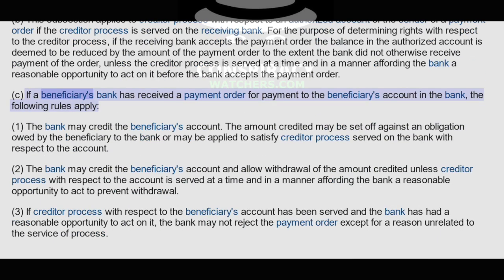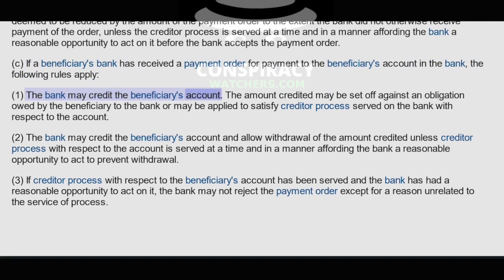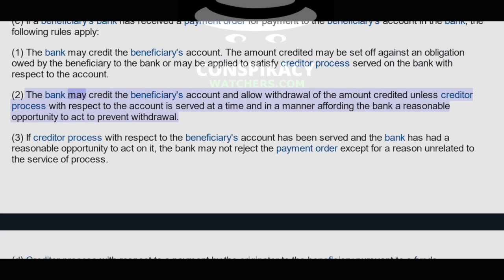If a beneficiary's bank has received a payment order for payment to the beneficiary's account in the bank, the following rules apply. The bank may credit the beneficiary's account. The amount credited may be set off against an obligation owed by the beneficiary to the bank or may be applied to satisfy creditor process served on the bank with respect to the account. The bank may credit the beneficiary's account and allow withdrawal of the amount credited unless creditor process with respect to the account is served at a time and in a manner affording the bank a reasonable opportunity to act to prevent withdrawal.